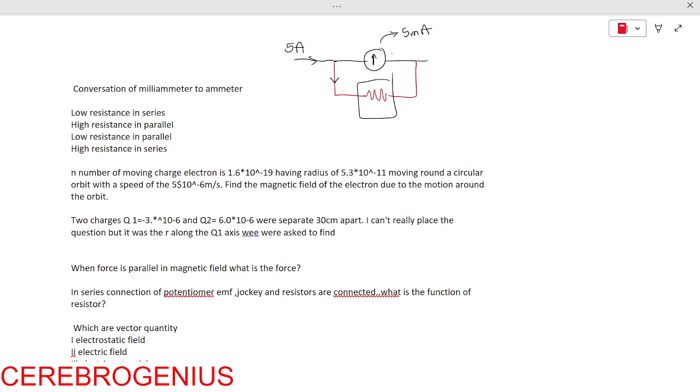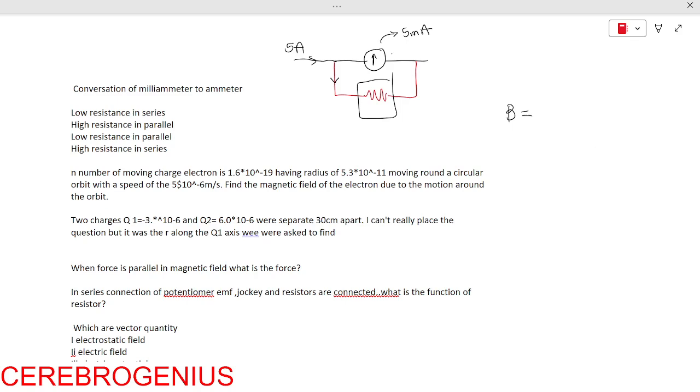When an electron or a charge is moving, it generates a magnetic field around itself. And we can actually find the strength of the field, the strength of field by a moving charge.